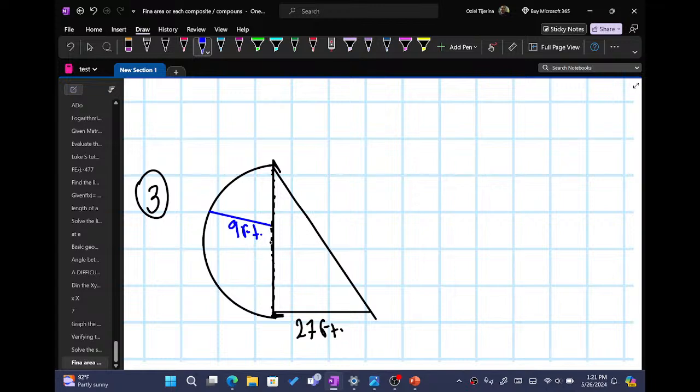But what I wonder is, and actually I didn't draw it in the correct position. It's from here to here, apparently. Something like this. And because it meets in the middle right here, I am assuming that this is the radius.